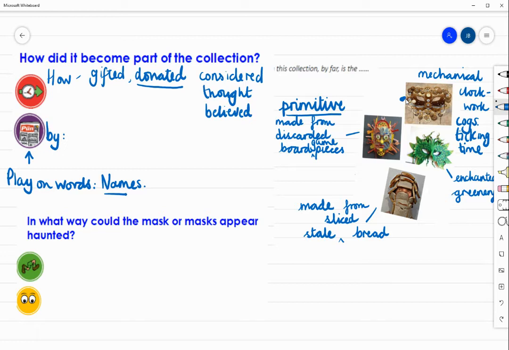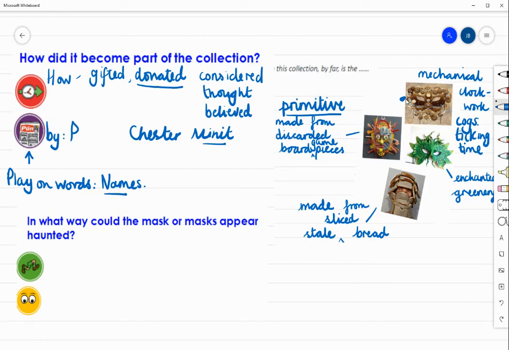Now, because mine is made from clocks and cogs and ticking and time and hours, I'm going to go with a person called Chester Minute. I've changed the way minute is spelt though, so that it's a little bit less obvious. I don't want him to be just a name. I want him to be quite important.